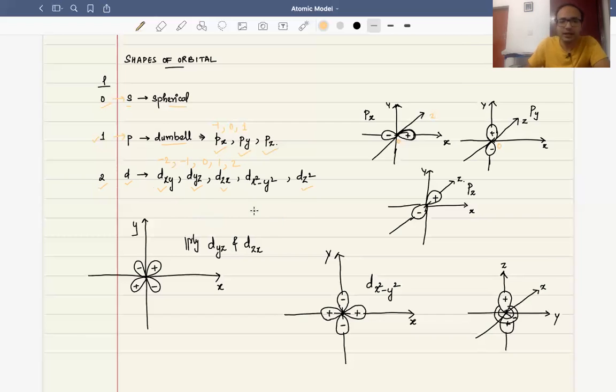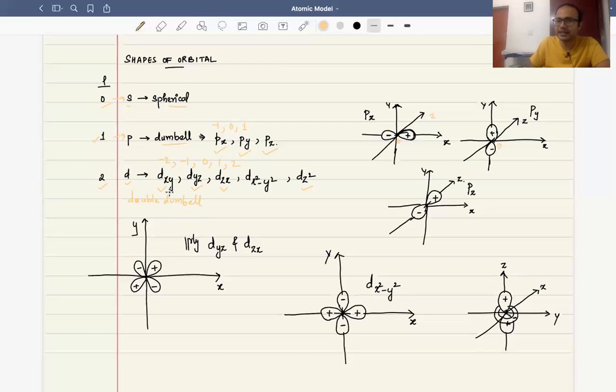Like I mentioned, the d orbitals have a double dumbbell shape. That means there are two dumbbells intersecting. That is the usual shape of a d subshell. So it's very easy to remember. What are the combinations of d?